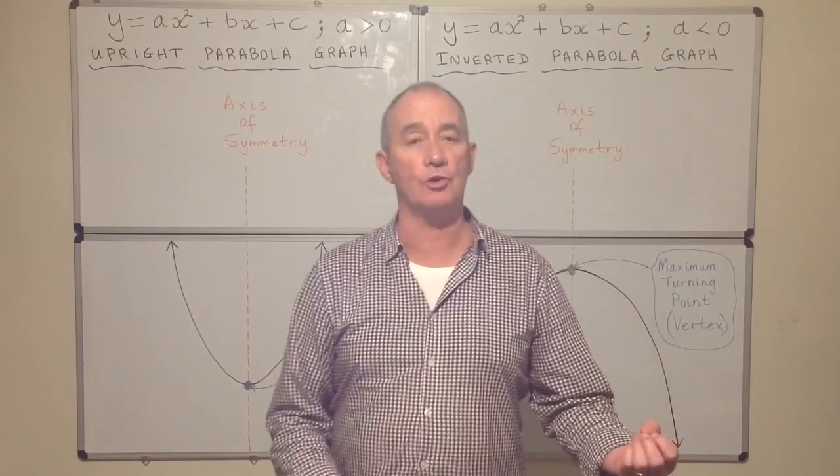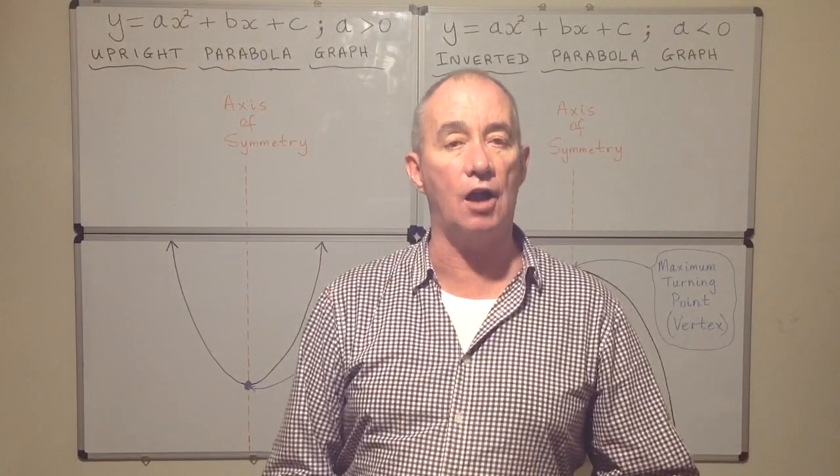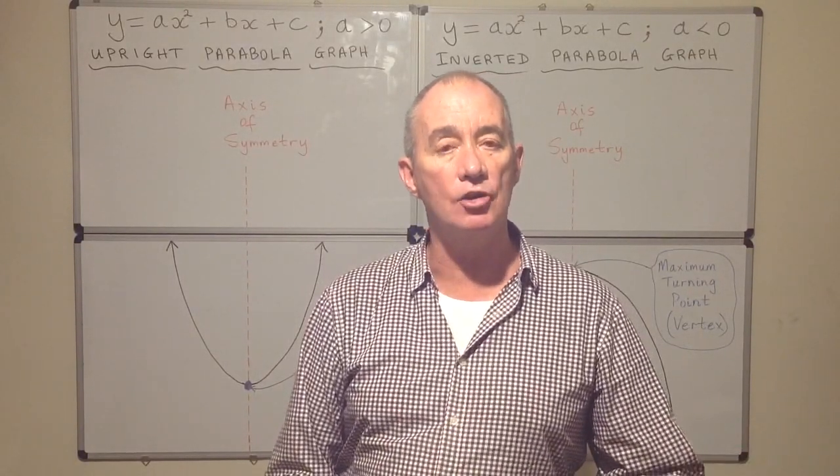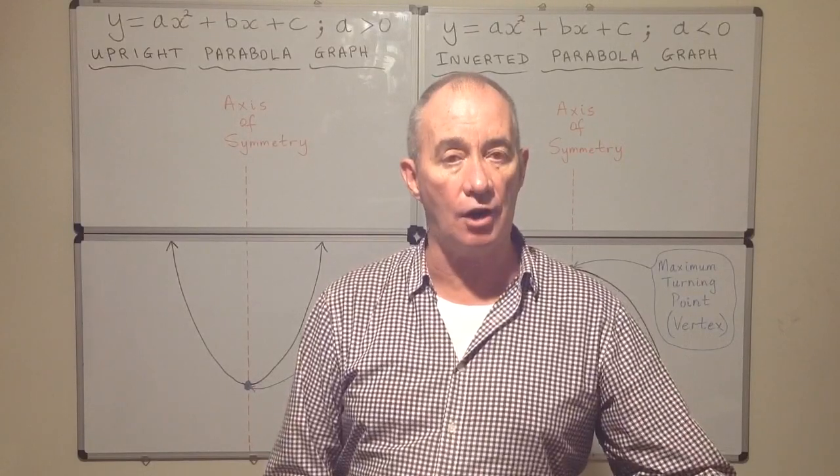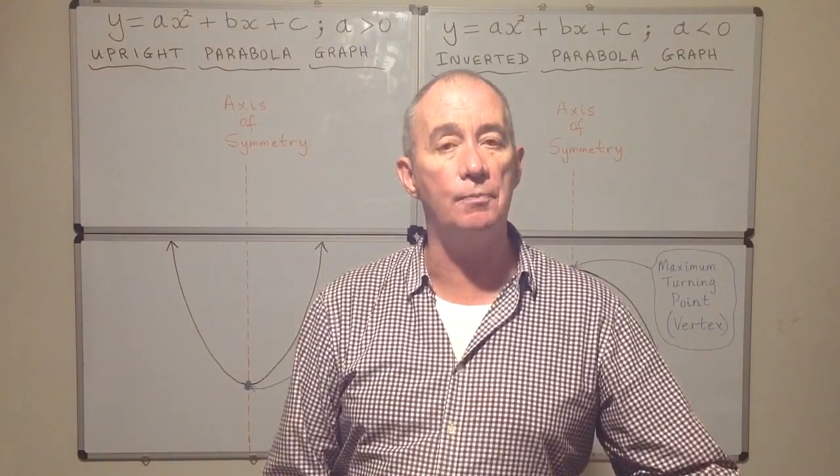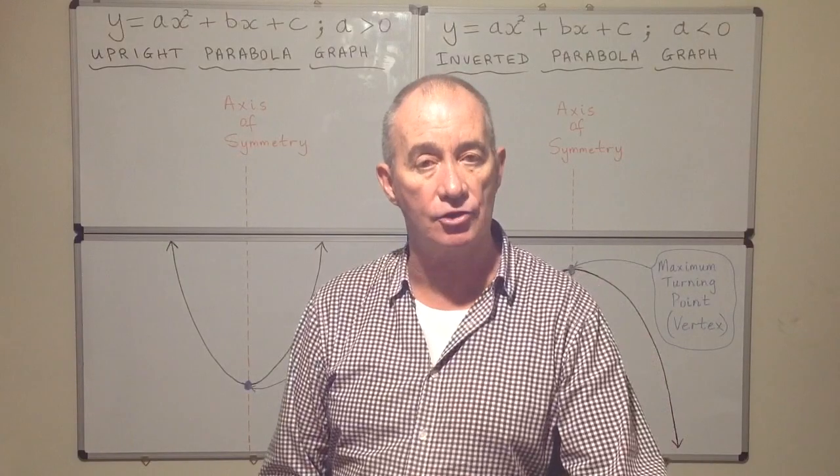So an axis of symmetry is an imaginary straight line which can be drawn through a shape so that what's on one side of the imaginary straight line is the perfect mirror image of what's on the other side.